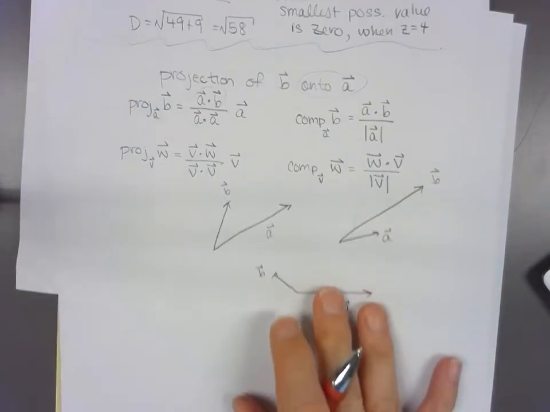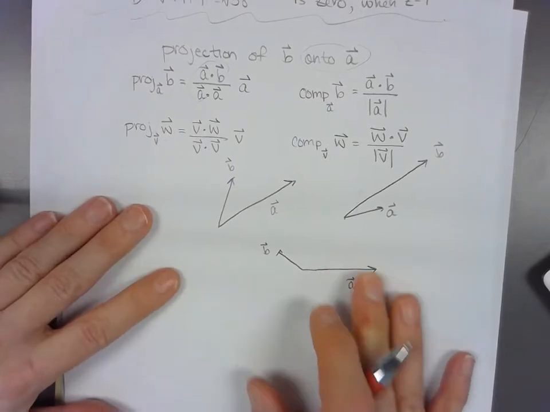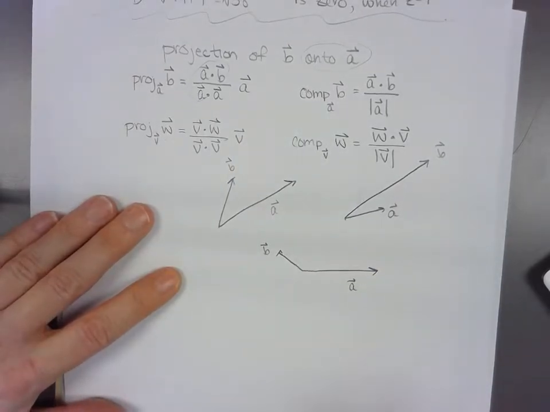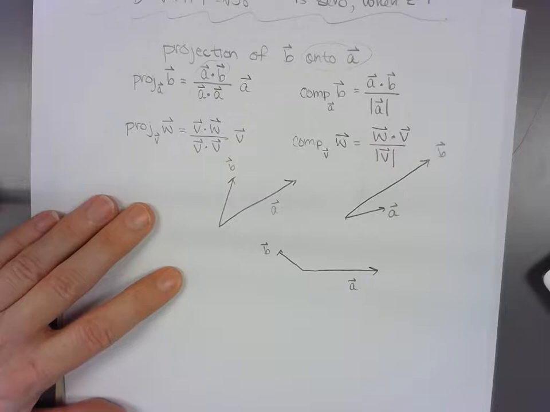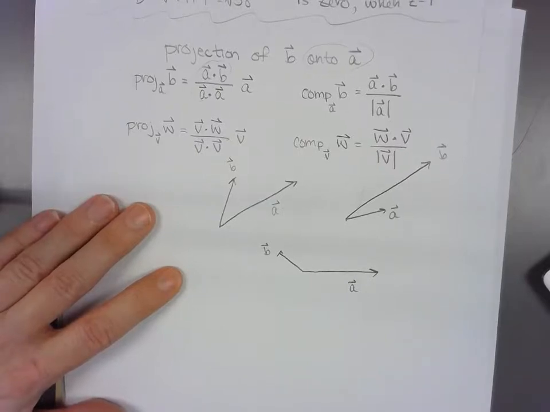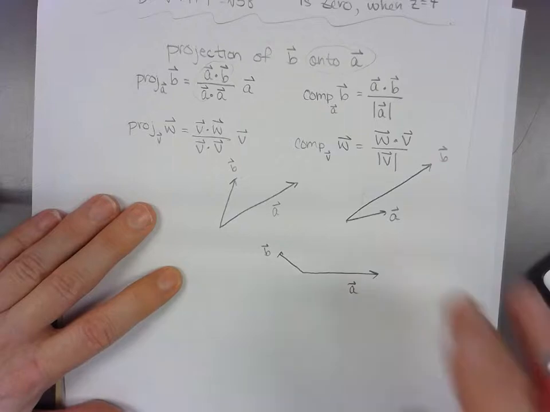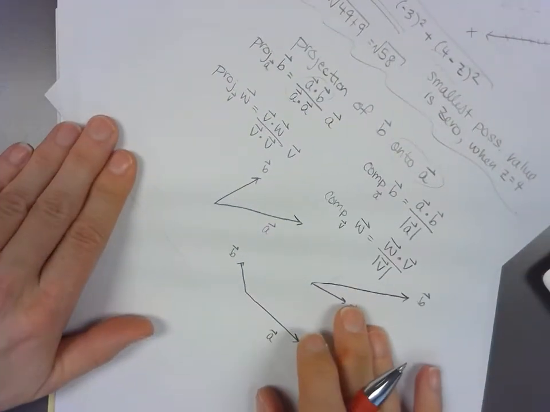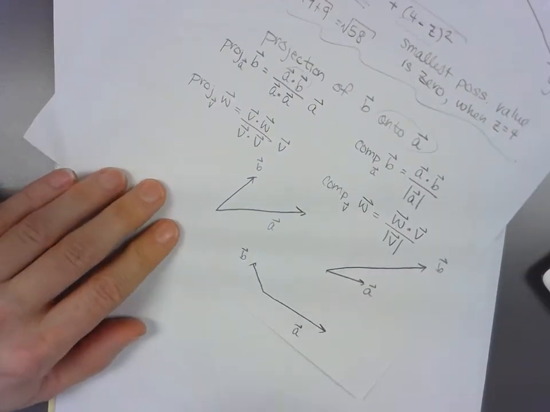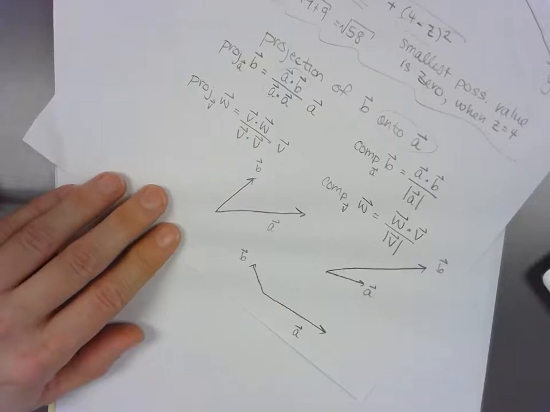The projection of B onto A, you think of A as the ground, what you're projecting onto. Then think of the sun being directly overhead. So the projection is like B's shadow on A.